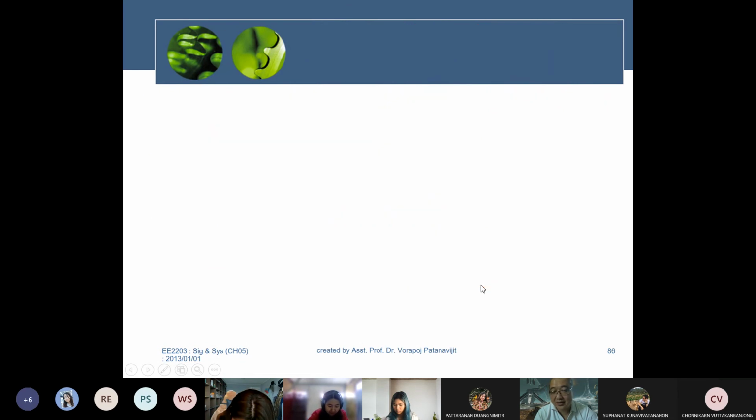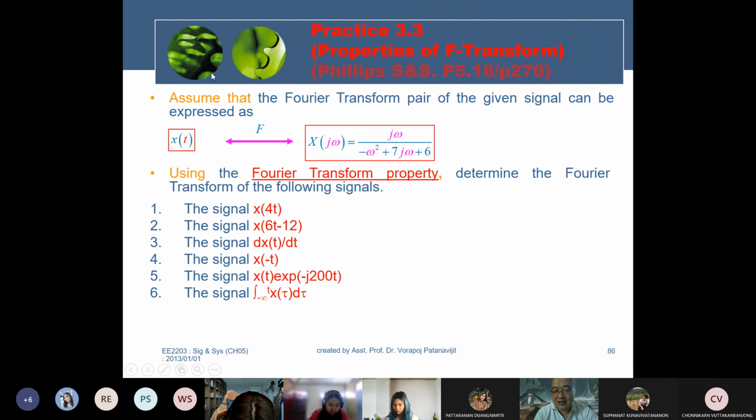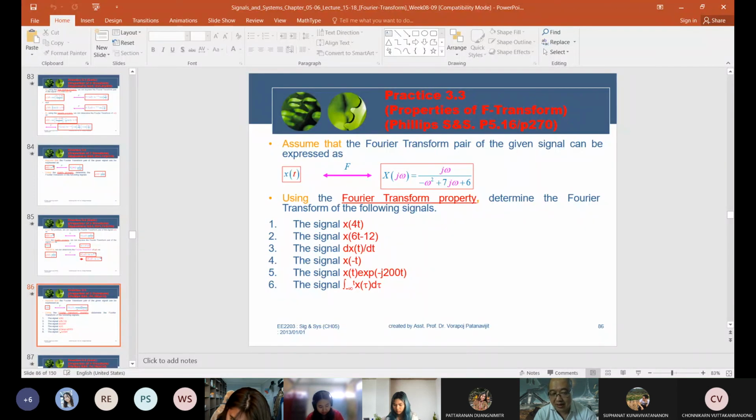And the next one, this all three, question 3.3. Do it, and next time I will provide you the solution to show how to solve them.